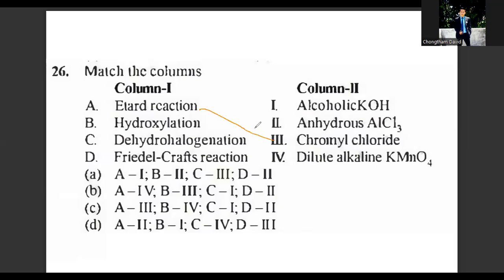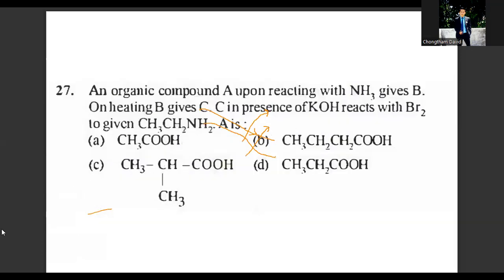Remember, it uses chromyl chloride. Hydroxylation takes place in dilute alkaline KMnO4. Dehydrohalogenation takes place in alcoholic potassium hydroxide. Friedel-Crafts uses anhydrous aluminum chloride. So A is 3, B is 4, C is 1, D is 2. C will be the answer. Okay. Question number 26 is done.